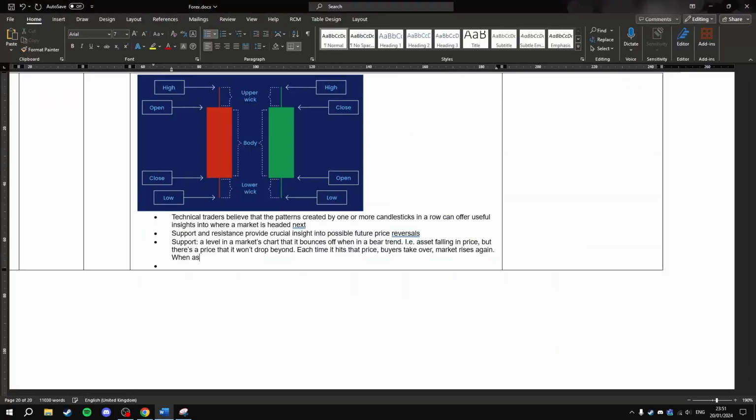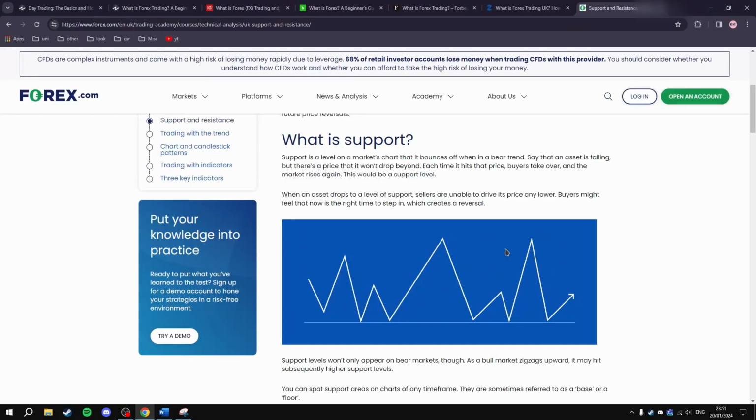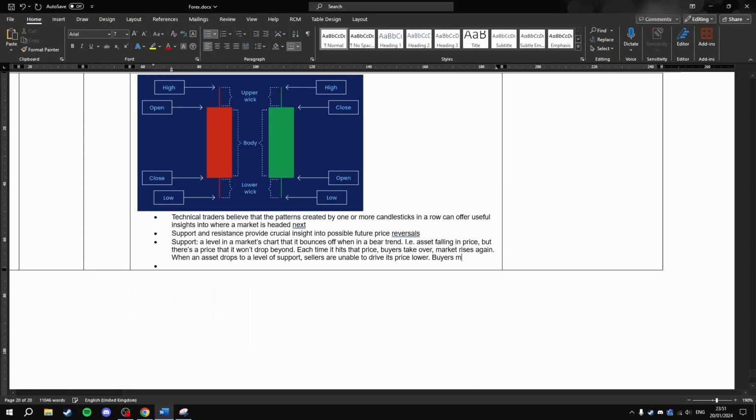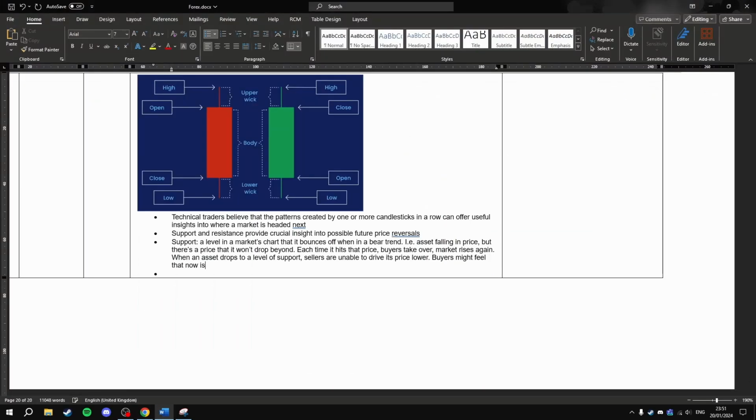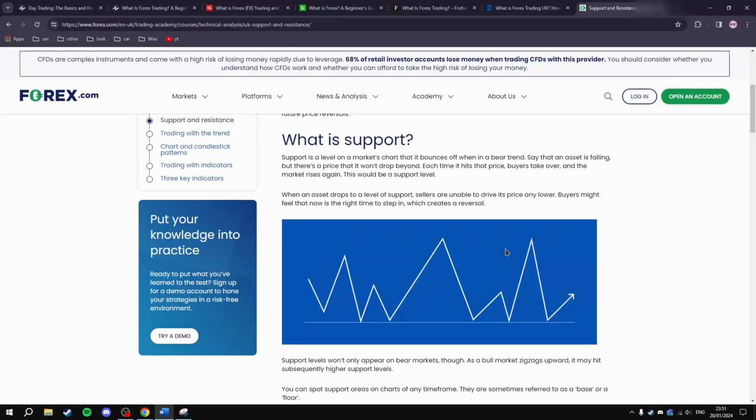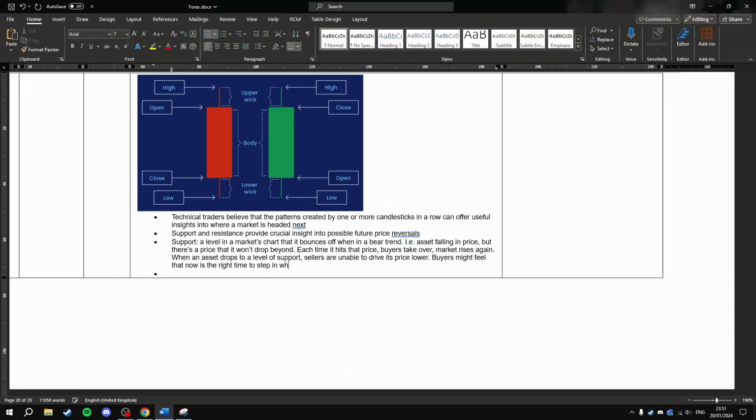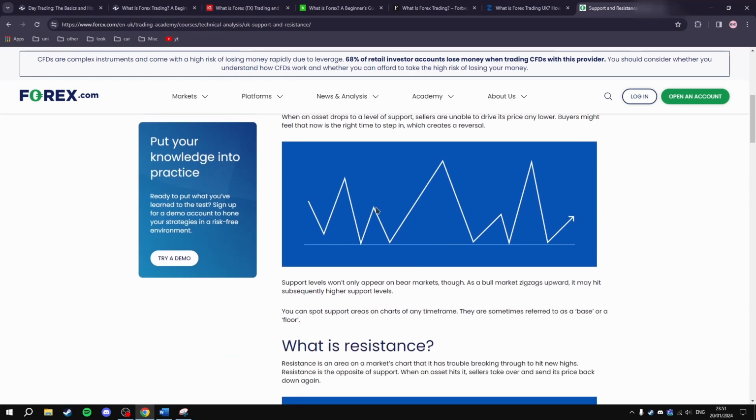So it bounces again and again, and that is the support.